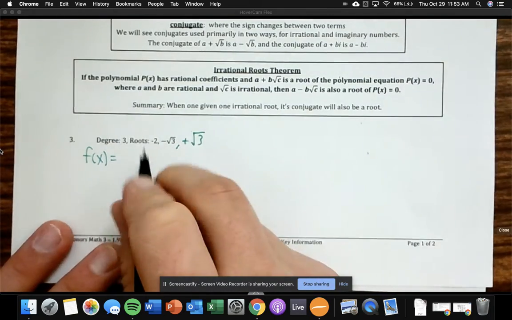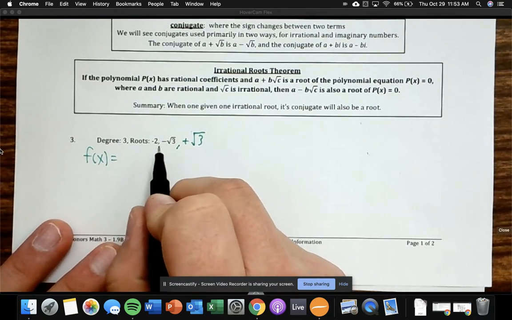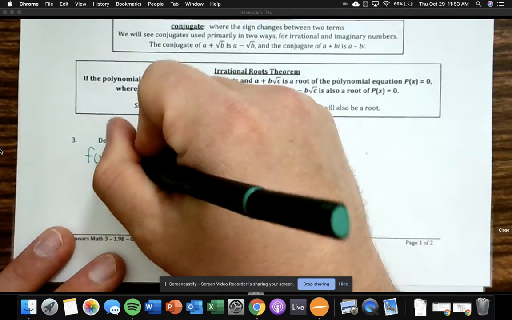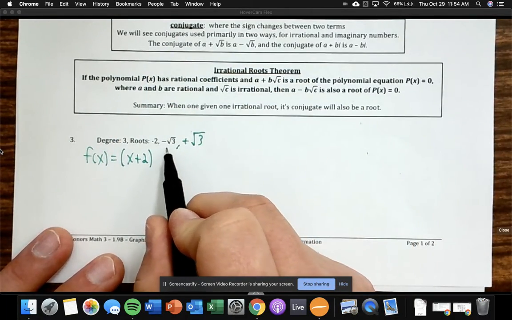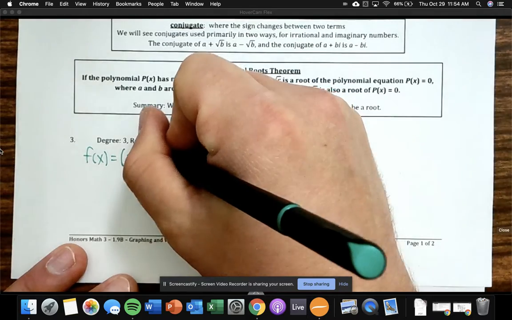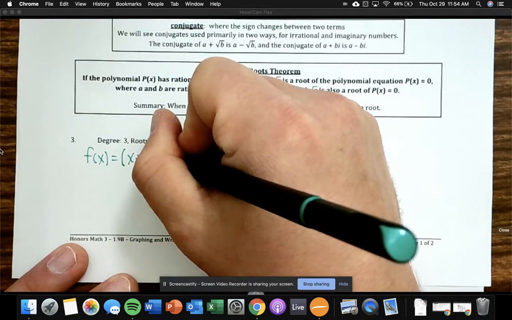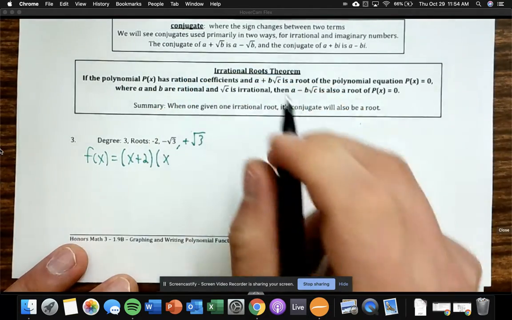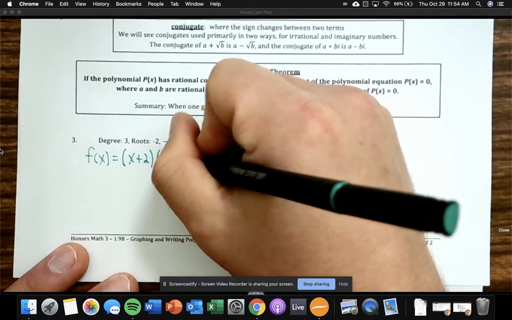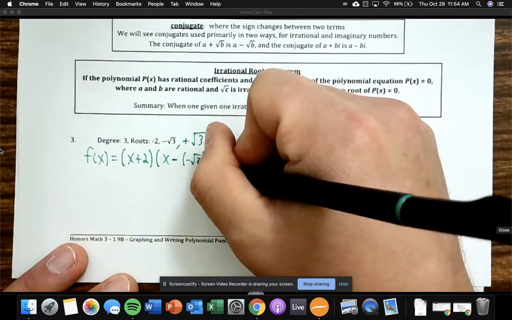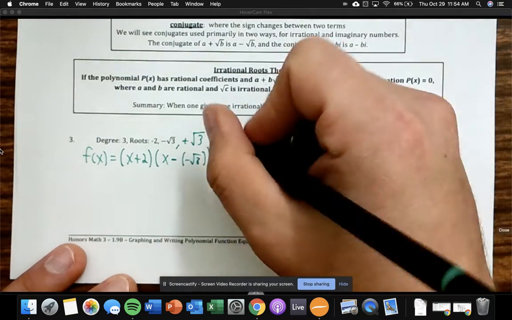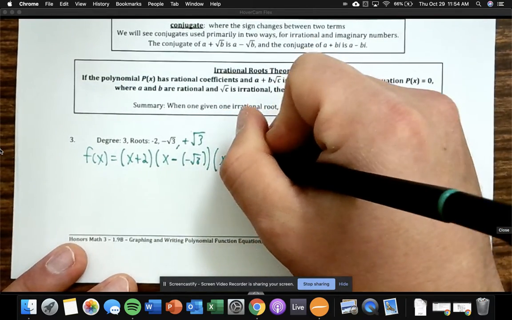We get this root of negative 2 from x plus 2. We get this negative root 3 from x minus negative square root 3. And then we get this positive root 3 from x minus square root 3.